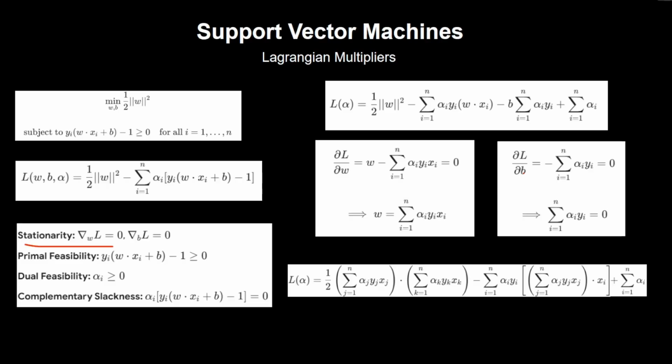First one is stationarity. That is, we need to prove that the partial derivative of the Lagrangian function with respect to w and with respect to b must each be equated to 0. In order to prove that, we can find the partial derivatives with respect to w and b.